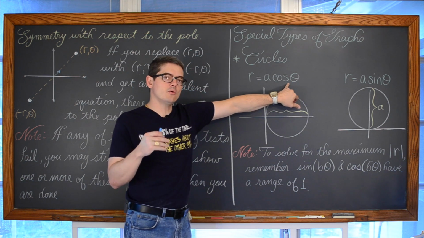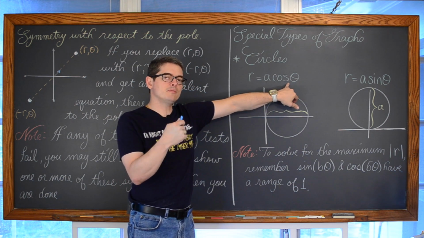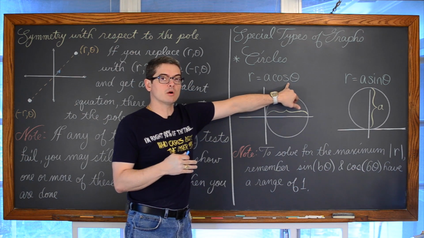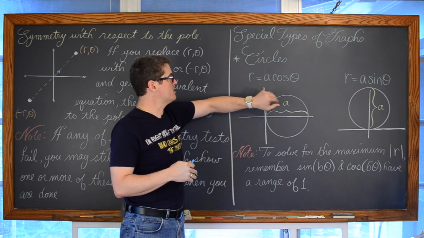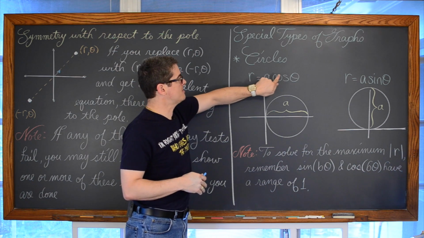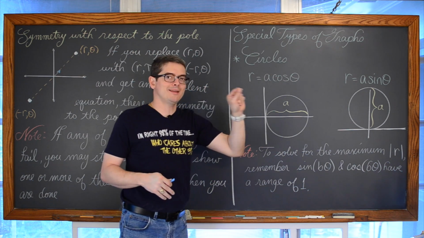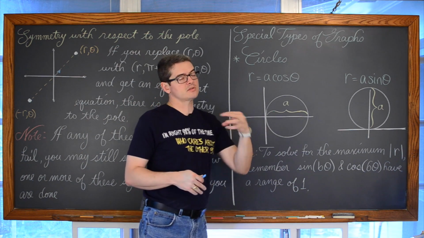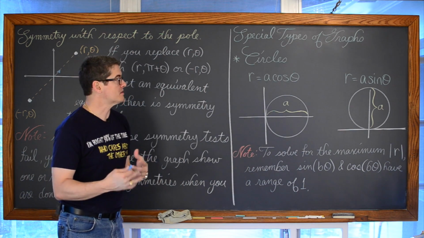Now notice there's no b or c, there's no variable in front of theta in this general form. If it's specifically a times the cosine of 1 theta, then you're looking at a circle. If you have a 2 theta or 3 theta situation going on in there, then it's not going to be a circle.